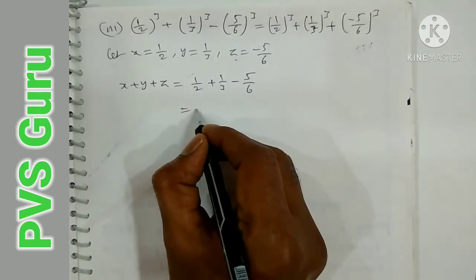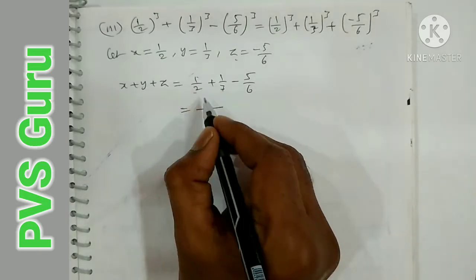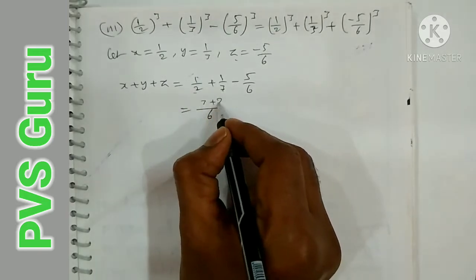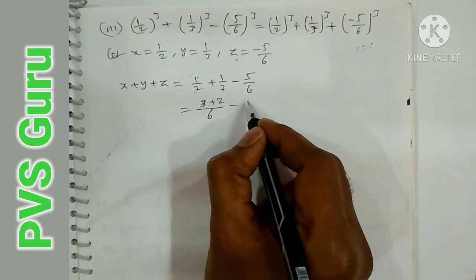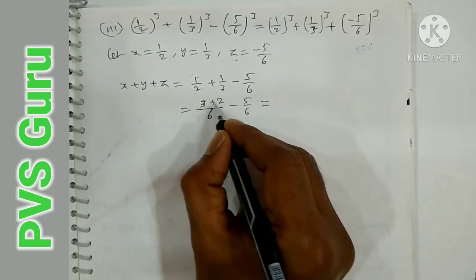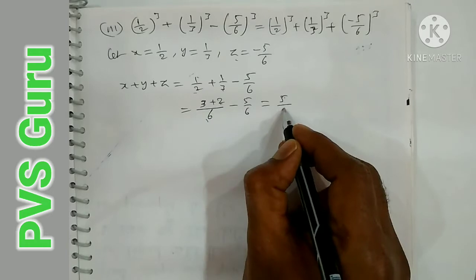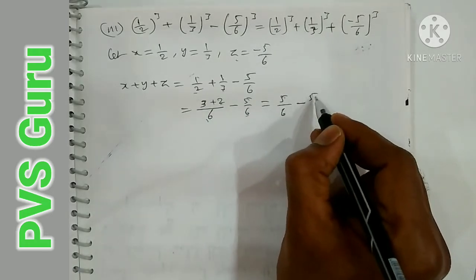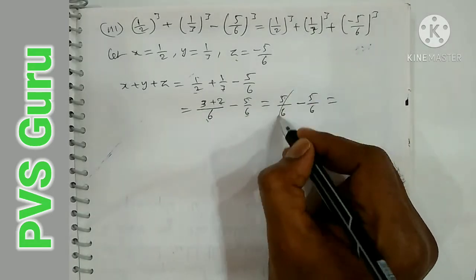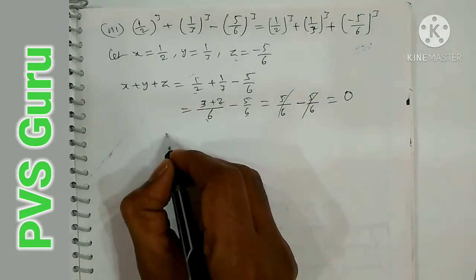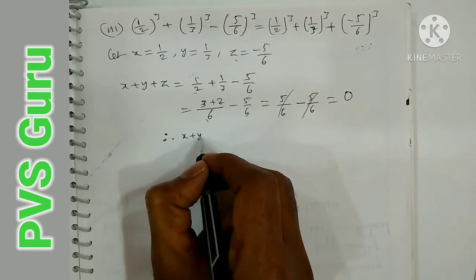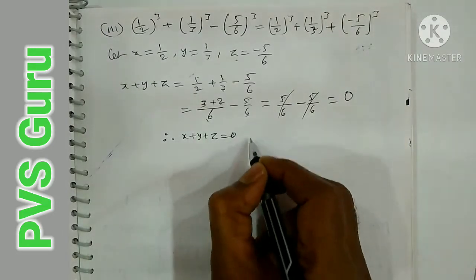By adding these two, 3 2s are 6, 3 1s are 3, 2 1s are 2, minus 5 by 6. It is equal to 3 plus 2, 5 by 6 minus 5 by 6. This cancels, you get 0.